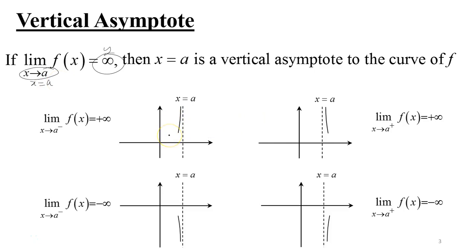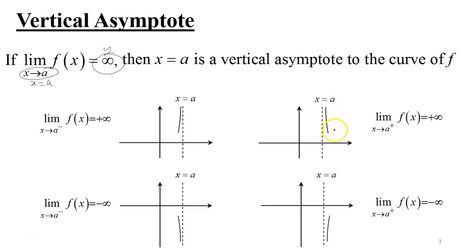So over here again, discussing all the possible cases you could have. Whenever we are finding a limit when x is approaching a, it could be approached from the left and from the right.